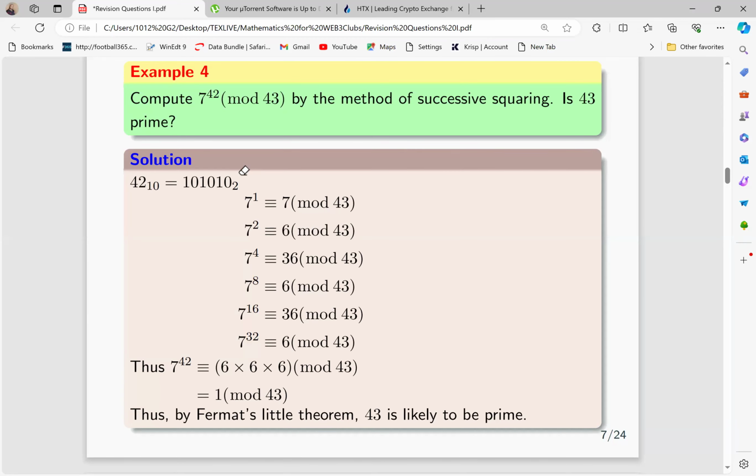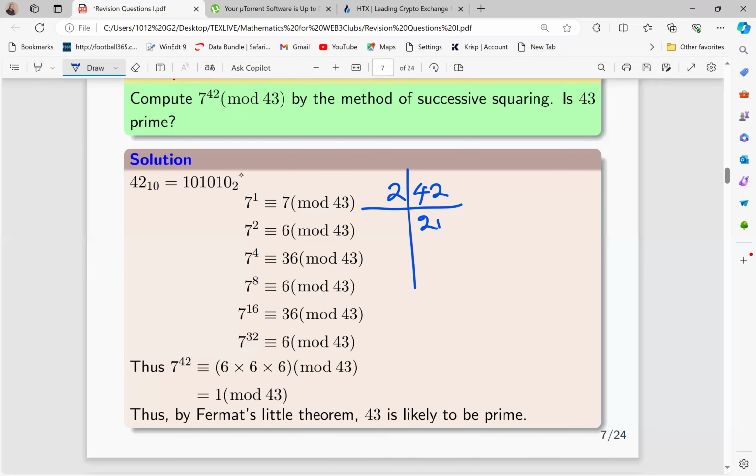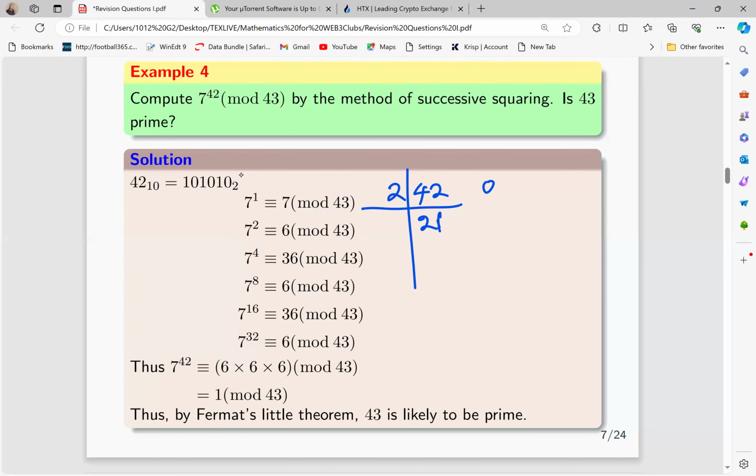So we're going to change the number 42 into a binary number. So the first thing I'm going to do, I think I'm going to use a much simpler method. So 42 divided by 2, we are going to get 21, remainder 0.